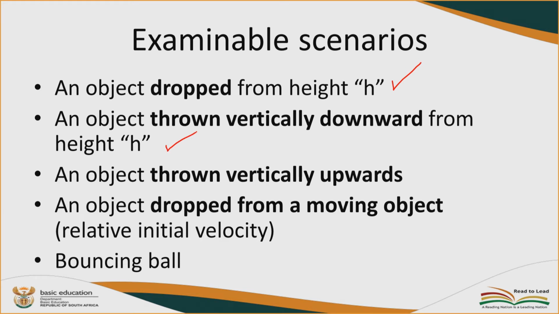And then it could be an object that is thrown vertically upwards. Or the examiner may decide to say an object is dropped from a moving object. Now we need to consider relative initial velocity in that case. We'll talk to that at a later stage. And at the other end, we could also consider bouncing balls, in a scenario where an object is allowed to hit the floor, bounce, and move up and down on a vertical plane.